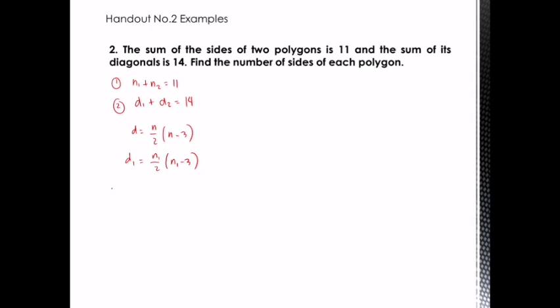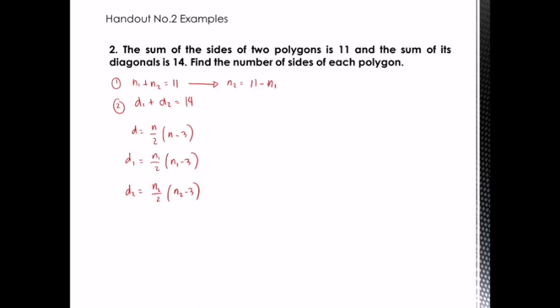And for D2, n2 over 2 times n2 minus 3. Then from equation 1, n2 is equal to 11 minus n1.